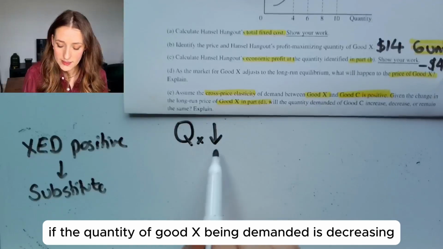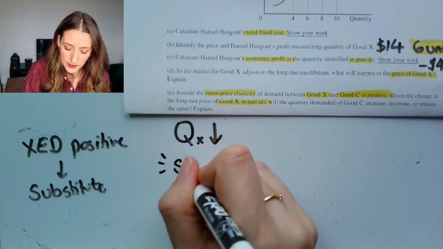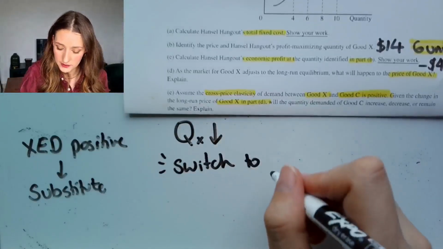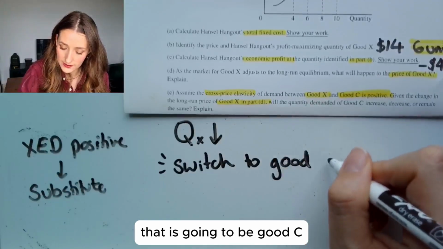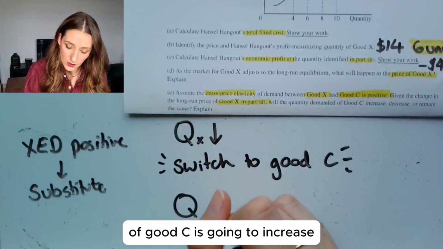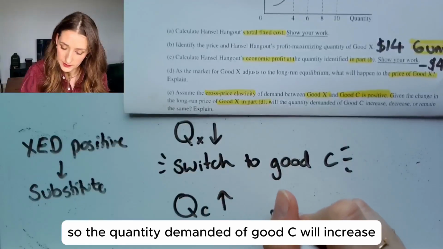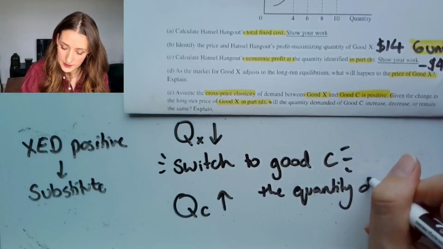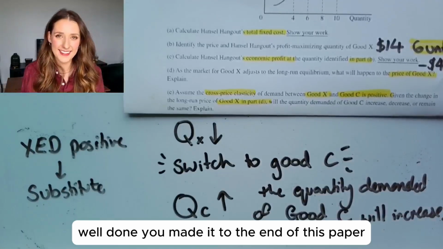If the quantity of good X being demanded is decreasing, then consumers are going to switch to a substitute, an alternative good. In this case, that is going to be good C. If they're switching to good C, we can imagine that the quantity of good C is going to increase. So the quantity demanded of good C will increase.